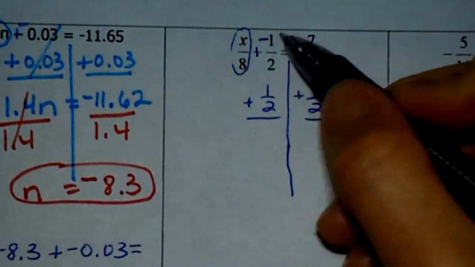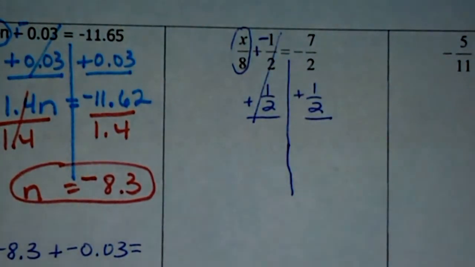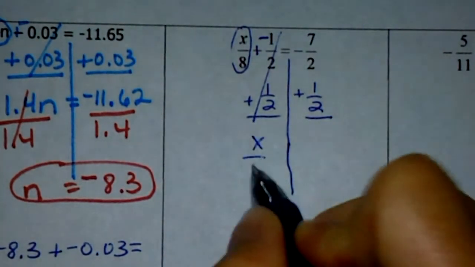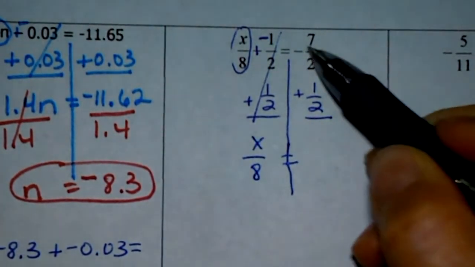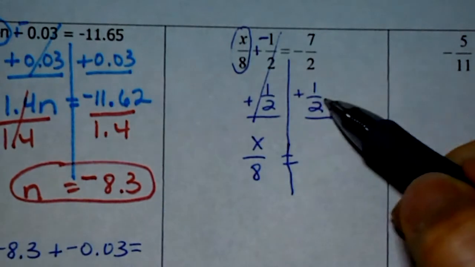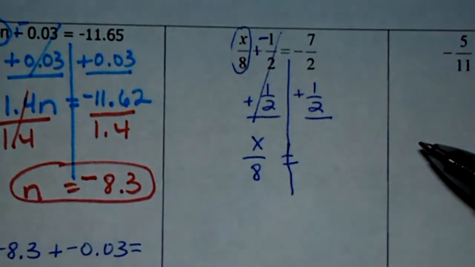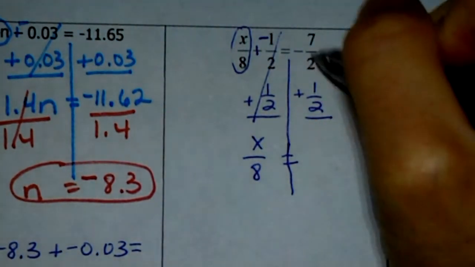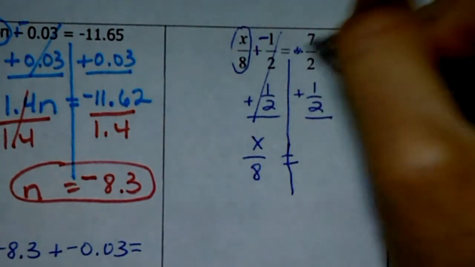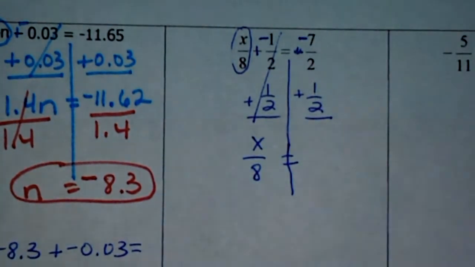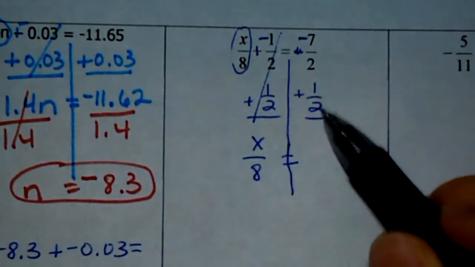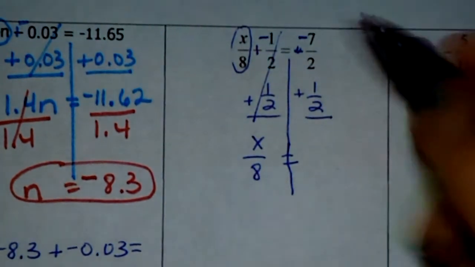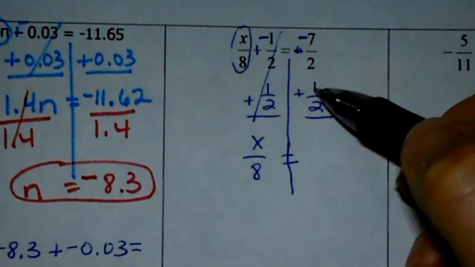-1/2, +1/2, when you add them together, you get nothing. You're left with x over 8. Now here I have -7/2 plus +1/2. Remember that when you're adding fractions, I suggested taking that negative and putting it with the numerator spot so we can keep our like denominators in this case. So we have like denominators. That means add the numerators.